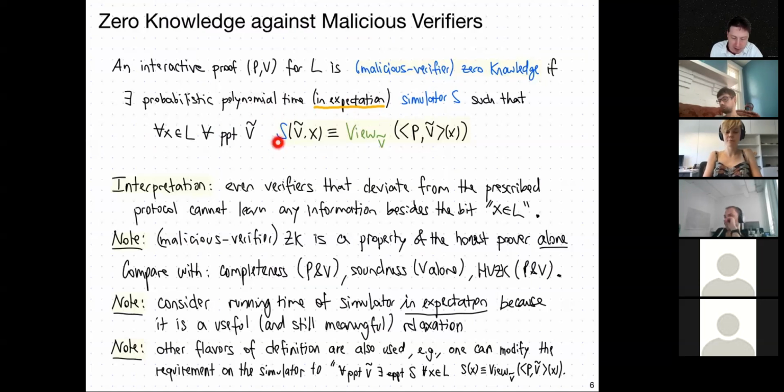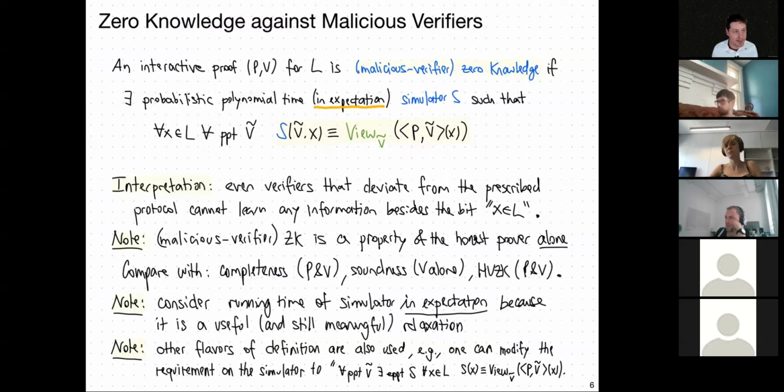Okay, now I understand. This is over the simulator's coin tosses. So the simulator has a running time that is a random variable. Okay, two things. First, the simulator always hits this view on the nose. It is identically distributed. Period. When the simulator halts, it has sampled the correct distribution. The end.